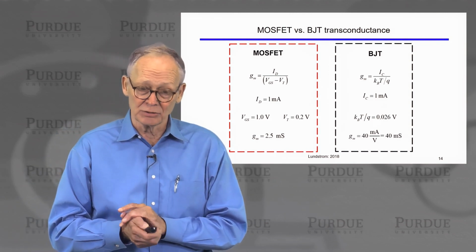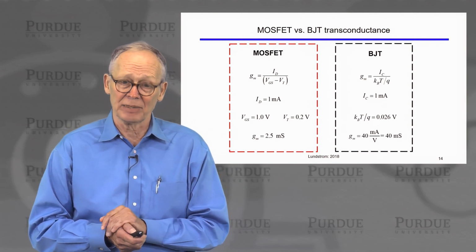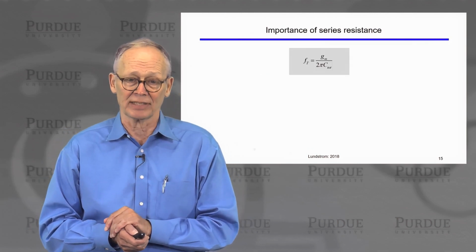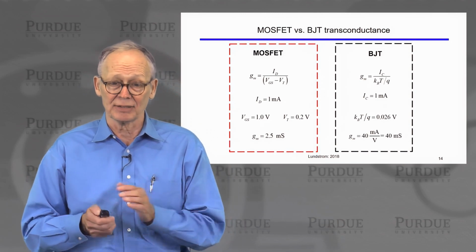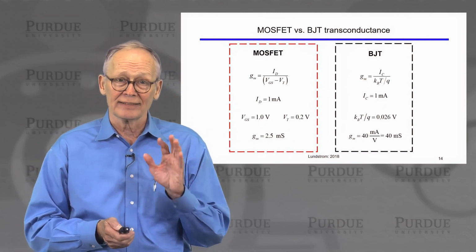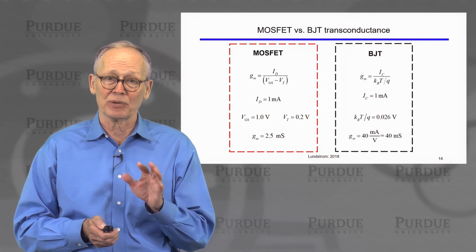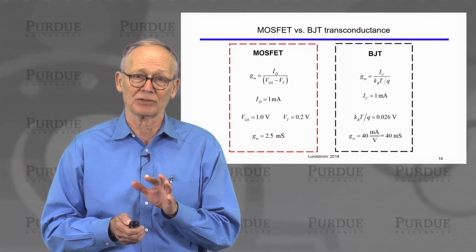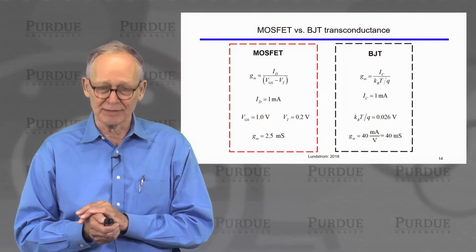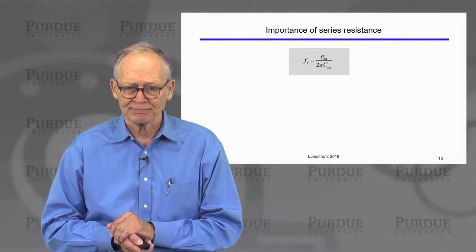So if we compare those two, you can see that the transconductance of the bipolar transistor is significantly larger than the transconductance of the MOSFET by a factor of 20 or so. So this is the key difference, that in practice, bipolars display a significantly higher transconductance. They are inherently better amplifying devices.